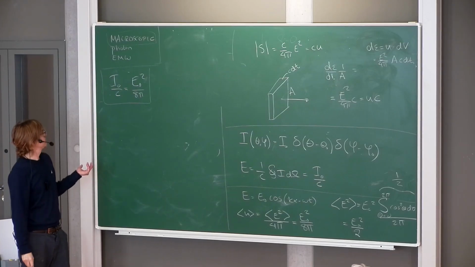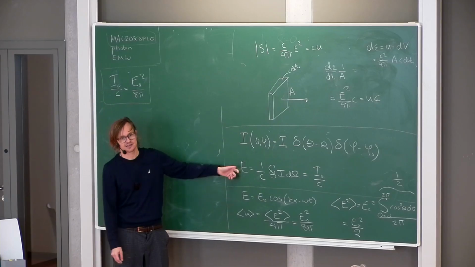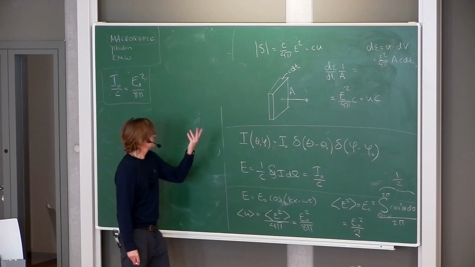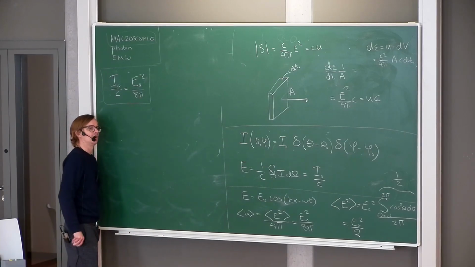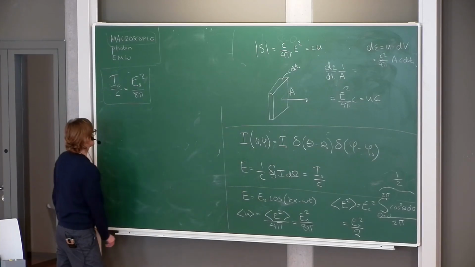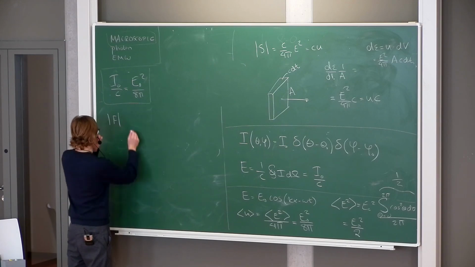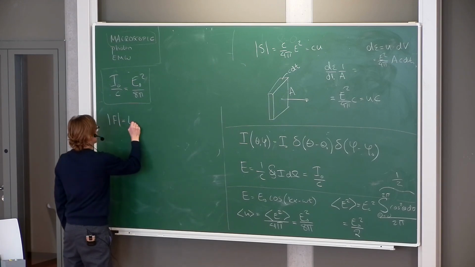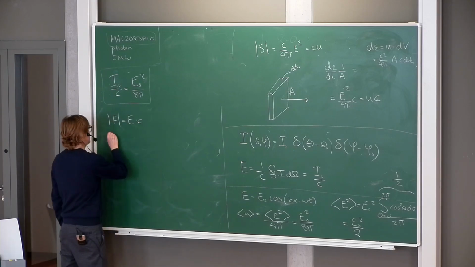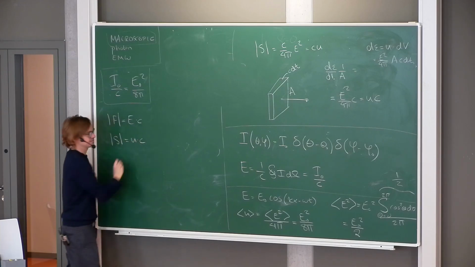Now, you could do, and you have done, the same exercise for the flux instead of the energy density, and then identify this with the Poynting vector flux. You would get the same sort of relation: if you consider such a situation and calculate the magnitude of the flux, it would indeed be the energy density times the speed of light c, which is the same as the average u times c, okay?